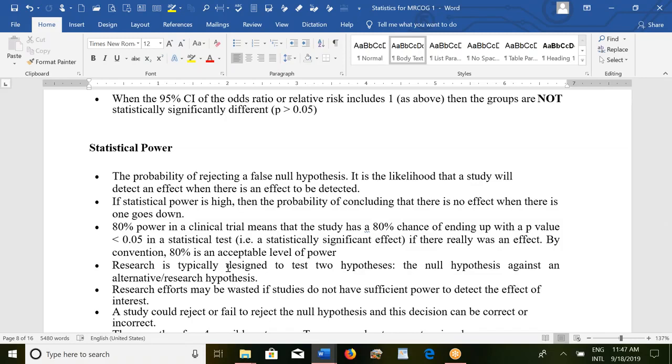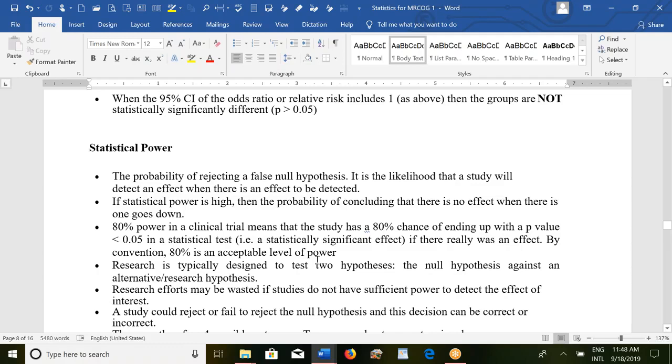If statistical power is high, then the probability of concluding that there is no effect when there is one goes down. 80% power in a clinical trial means that the study has an 80% chance of ending up with a p-value of less than 0.05 in a statistical test, which means a statistically significant effect, if there really was an effect. By convention, 80% is an acceptable level of power.